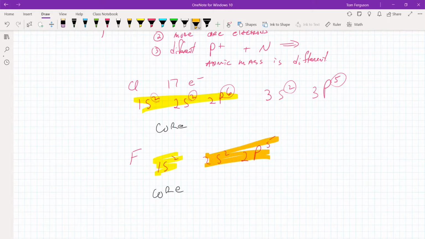Okay, this would be valence. And again, look at the valence configuration. S2, P5, S2, P5. Hence, chlorine and fluorine are members of the halogen group. Hence, their chemistry is the same.